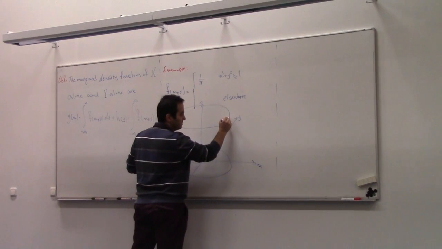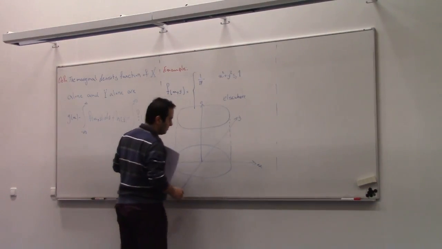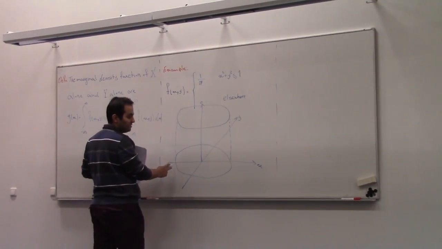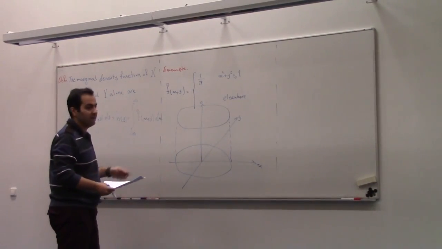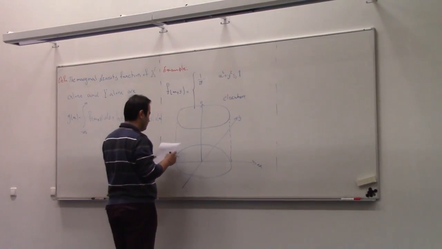That it's in the range of minus 1 to 1. Okay, the radius of the circle is 1.